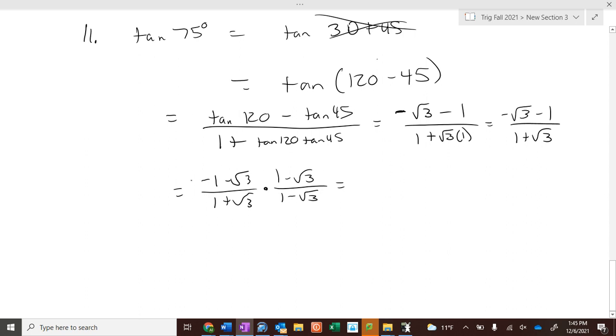So if I FOIL, 1 times negative 1 is negative 1 on top. Outers is plus square root of 3. Inners is plus square root of 3. Last times last is, did I do something wrong? Yeah. So negative 1 times 1 is that. Outers is positive square root of 3.